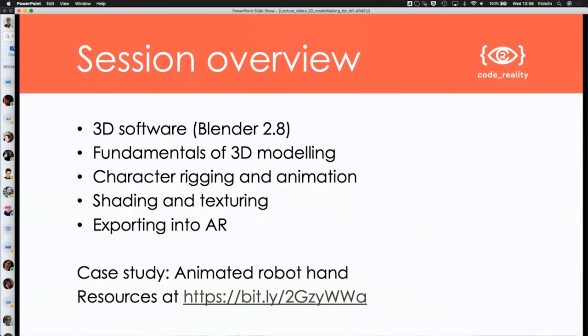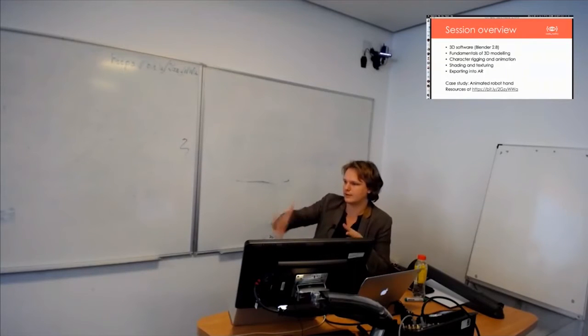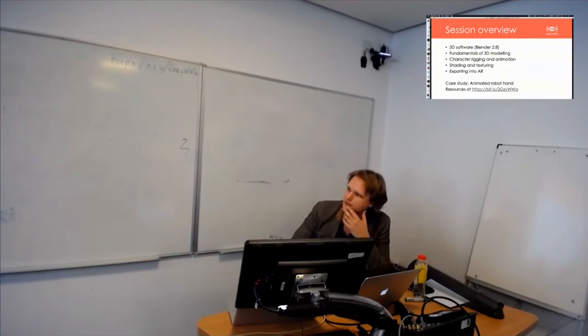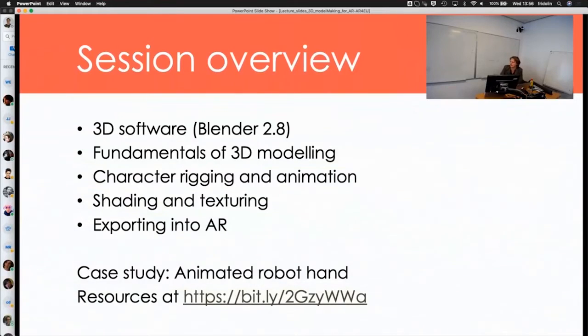Then we're going to go into character rigging and animation, which is how you start to really bring these things to life. Shading and texturing, where you go from having just a very flat, plain, uniform-looking 3D mesh to something that appears a lot more realistic or interesting. And then finally exporting it into Unity and building it into an augmented reality app. So you should have the entire workflow covered within this session.